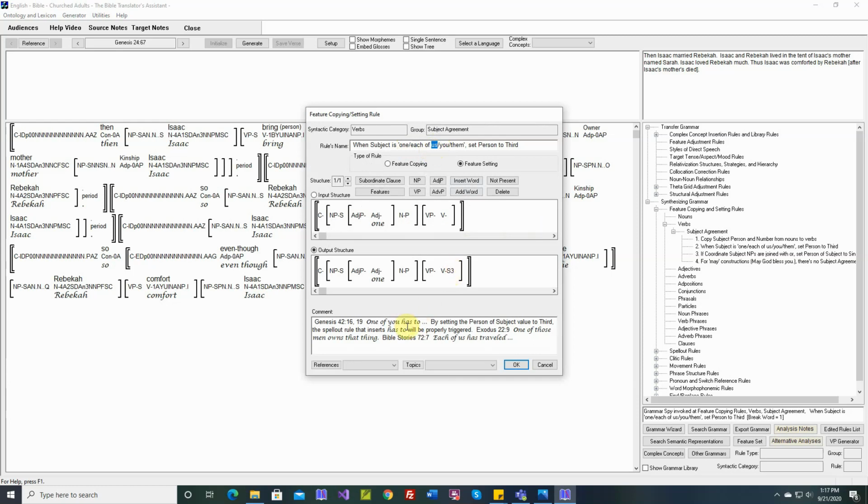If we're saying has to, one of us has to go to the store, for example. So these rules override the feature copying rules, the agreement rules. So here we have an input structure and an output structure, and when the input structure matches, then the features in the output structure will be set and override the feature copying rules.